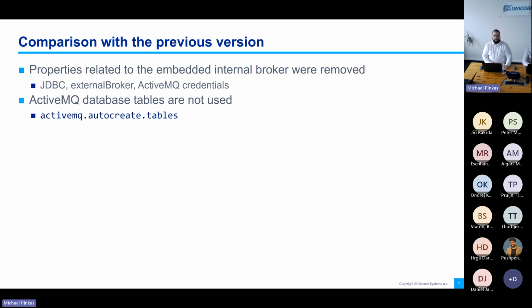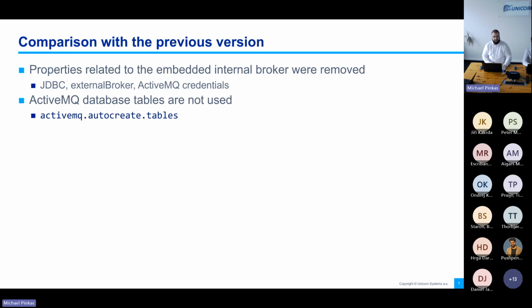Also, because of the change from the embedded broker to the external instance, some properties related to the embedded internal broker were removed since the last version, or since the ECP 4.12. So it were all JDBC properties connected to the internal broker, as well as the external broker properties and ActiveMQ credentials, which were used for the health check.